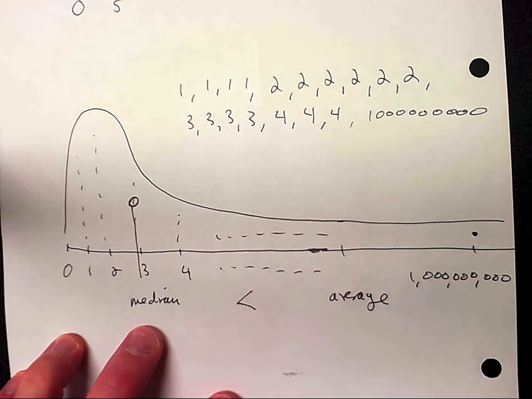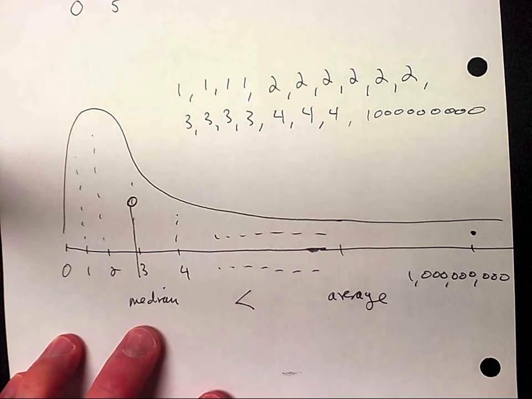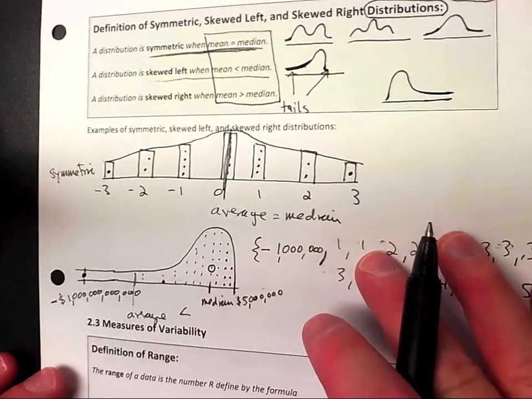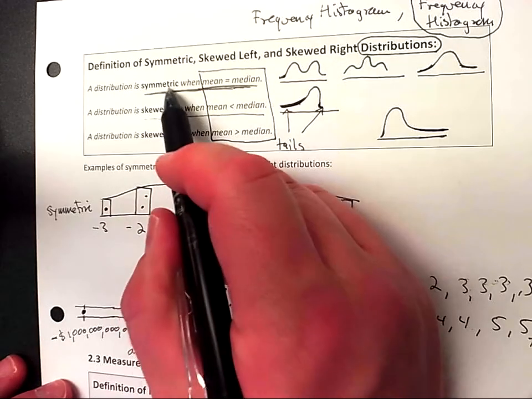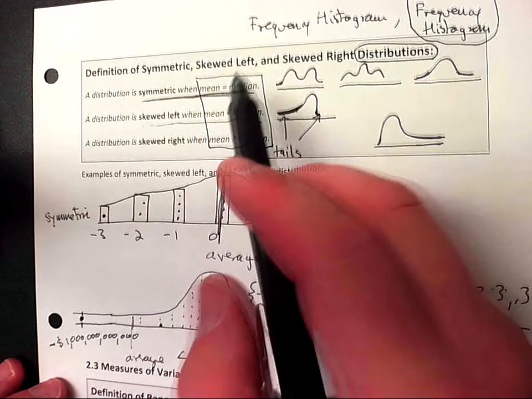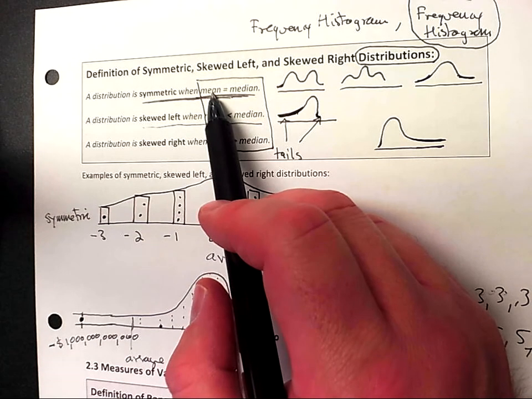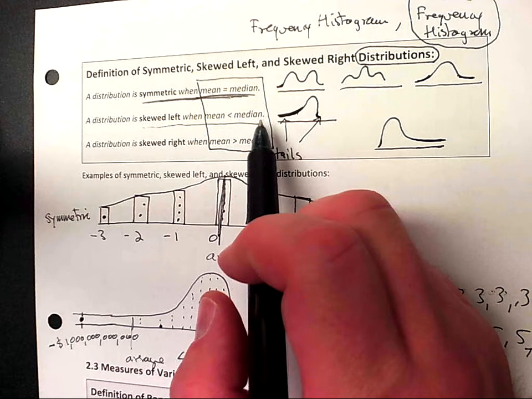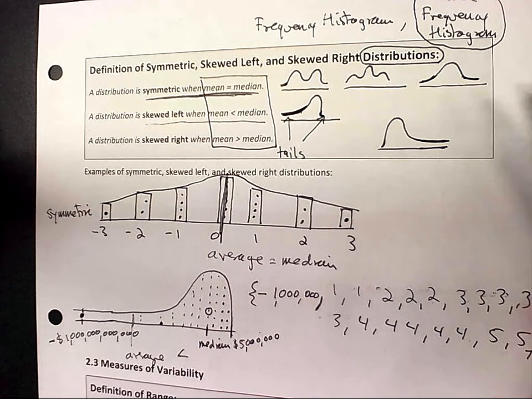Is everybody good with that? So therefore, the average is greater than the median. Does that make intuitive sense? So if you go back to these definitions for symmetric, skewed left, and skewed right distributions, everybody good that the mean is equal to the median for symmetric, less than the median for skewed left, and greater than the median for skewed right? Everybody good with this? All right.